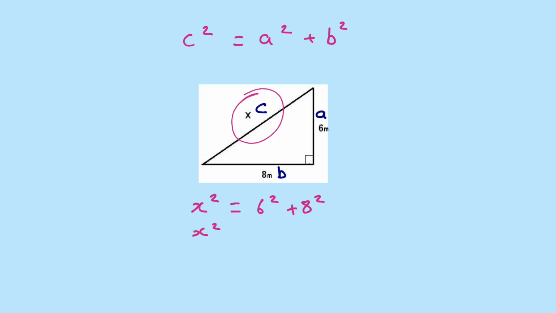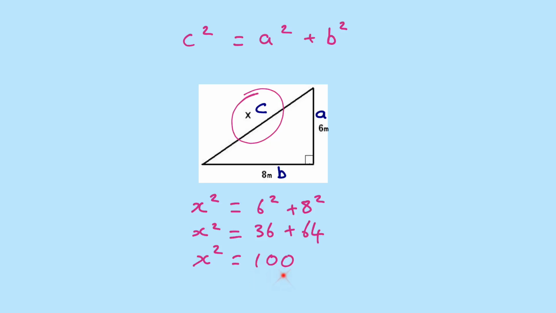So x squared equals 6 squared is 36 and 8 squared is 64. So when we add these two together, we get 100.